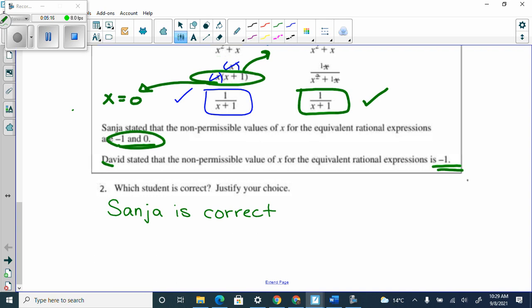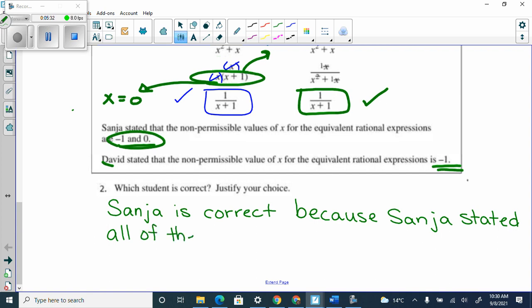Sanja is correct because Sanja stated all of the non-permissible values before she canceled like terms.